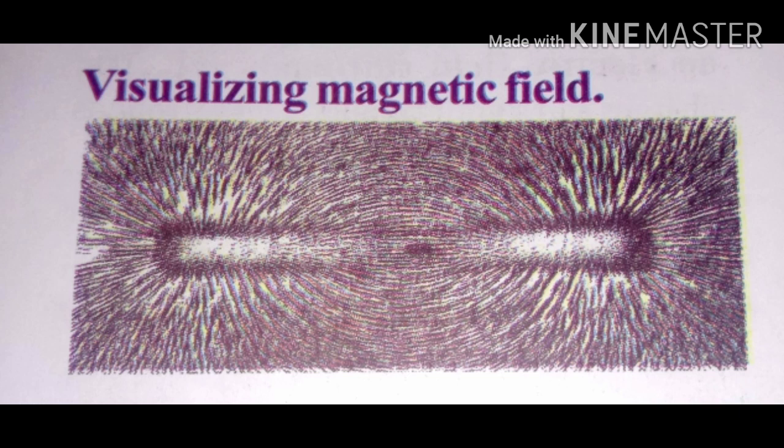Thus, a field is a region in which a force can be experienced by another object placed at any point in that region. A body creates a field and another body experiences the force by the field when it is placed in that field.